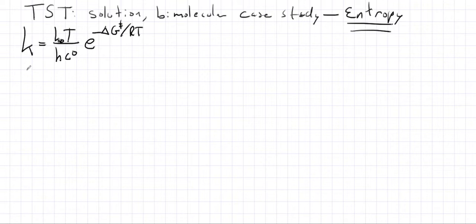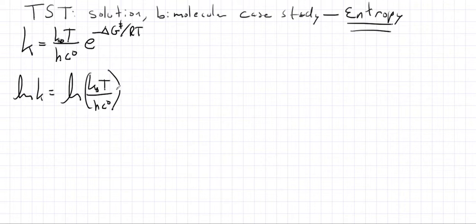So if we take the logarithm of k, that's going to be the logarithm of kT over hc°, and the exponential, of course, we could say that's going to be minus delta G double dagger over RT.